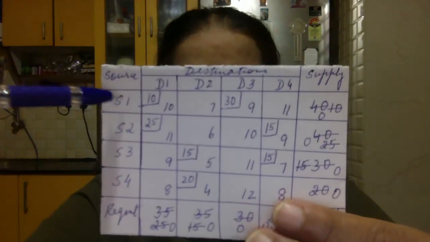This is the table of transportation cost. As I told you, when you do allocations, you have done correctly. So how you write it is this. I would like to go row wise. You know why? When I got S1 D1 occupied, I know S1 D2 is not occupied.